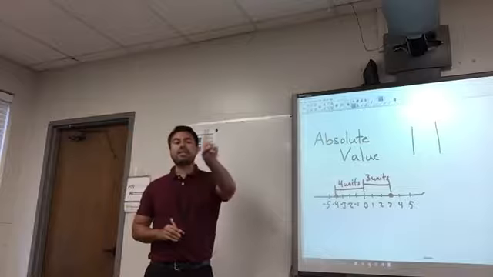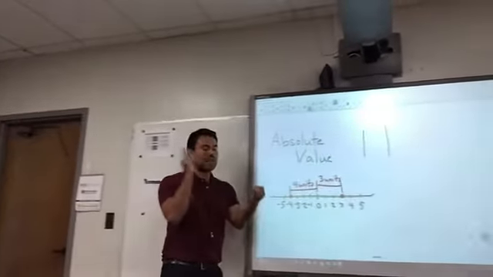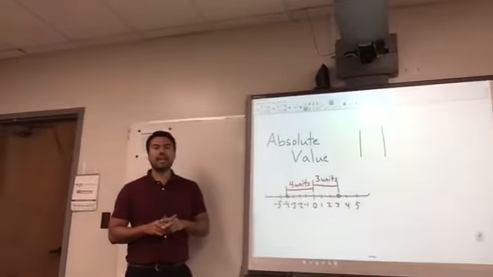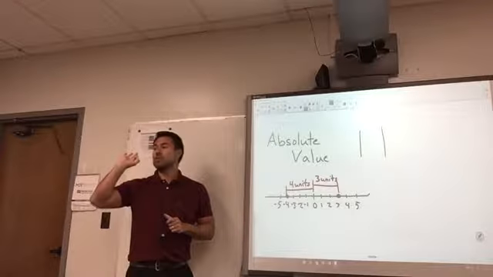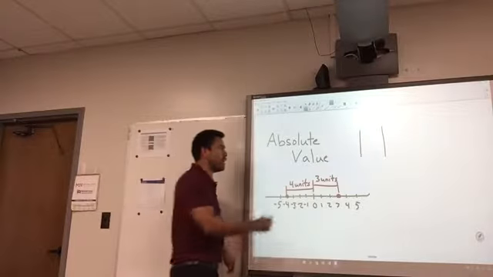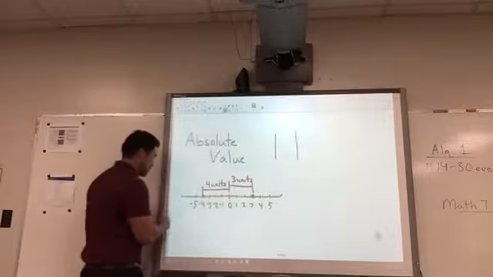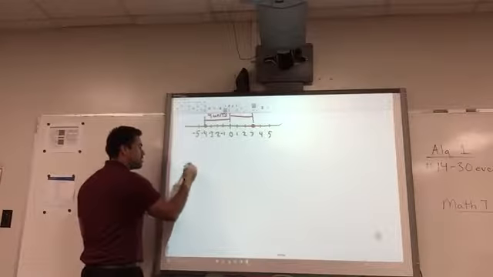All right, listen to me very carefully. In all of these answers, whether I've asked a positive distance or a negative distance, what has been the answer, positive or negative? It's the same number you're asking, and it's always been a positive number. Okay, ready, guys? That's the whole idea of absolute value. And here's our definition.